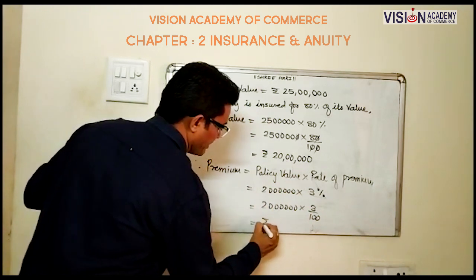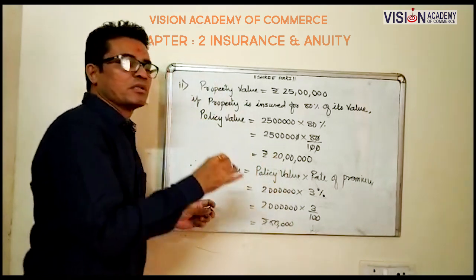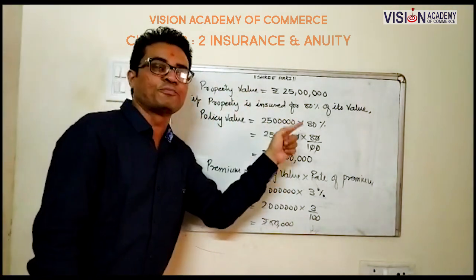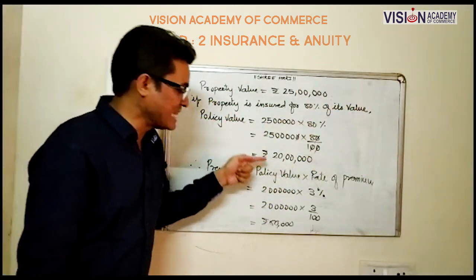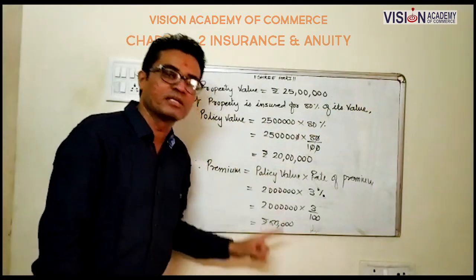It comes to rupees 60,000. So as per the required question, if the property is insured for 80%, its policy value becomes 20 lakhs and your premium amount is rupees 60,000.